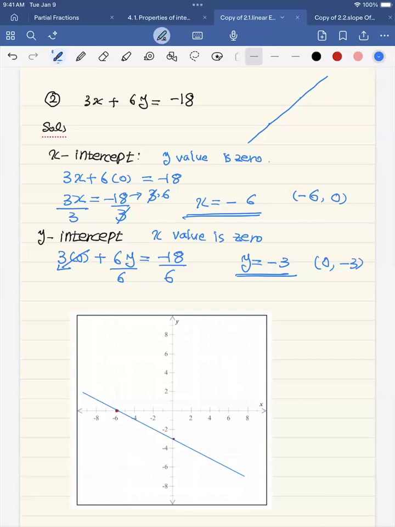For (minus 6, 0), the x value is negative 6, so I mark negative 6, and the y value is minus 3 when x is 0, meaning the point is located on the y-axis, here. After I located those 2 points, I joined them with a straight line because there is only one straight line determined by those 2 points.